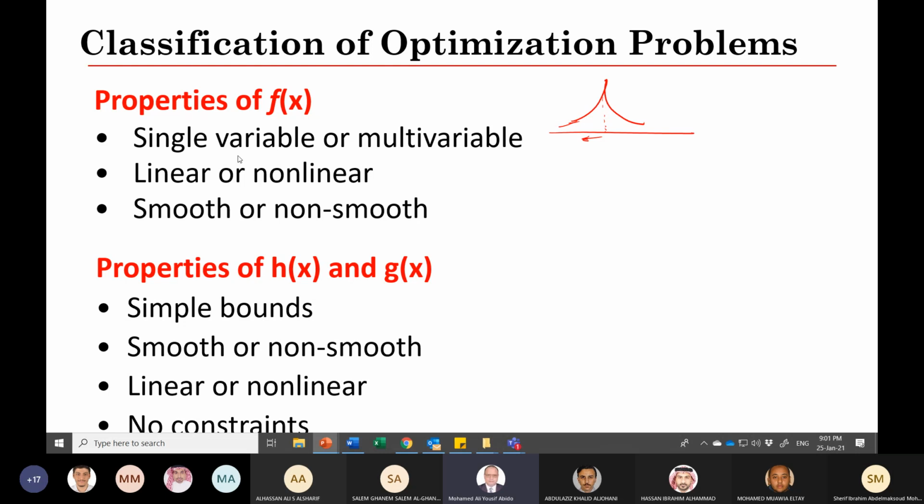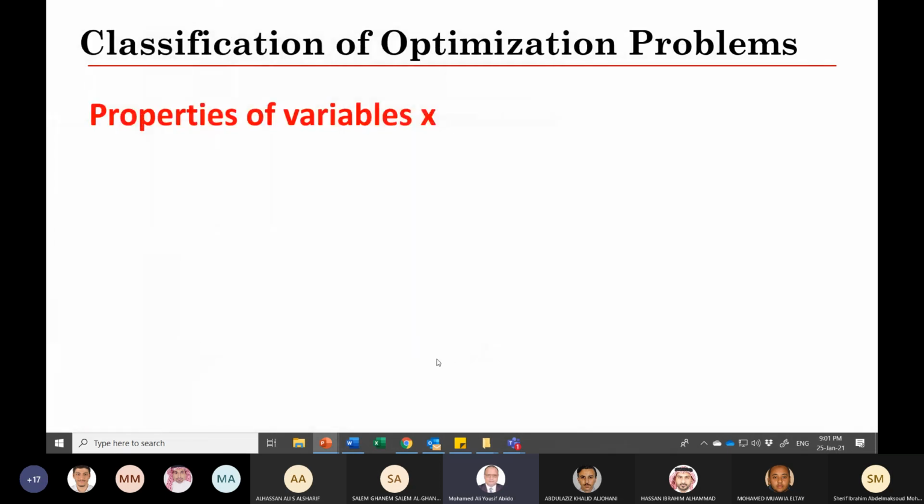You need only to minimize or maximize f of x, whatever x is, and x is open, and there is no limitation, so no constraints. If no constraints, we call it unconstrained optimization, which is very simple, of course, to solve compared to constrained optimization. Properties of the variable x, of the optimized parameter here.